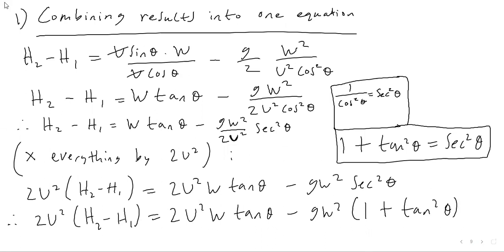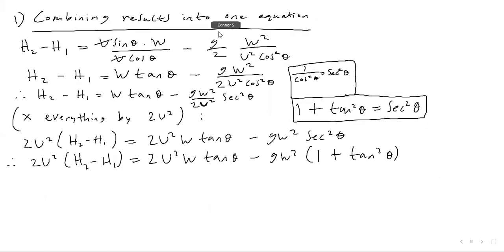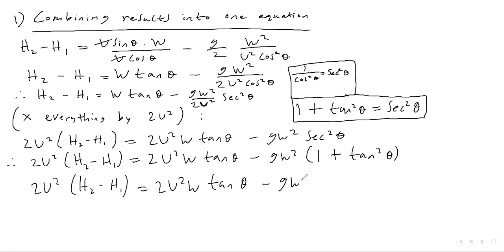So if we keep on simplifying all this, we're going to get some equation involving tan. So we're going to get 2u squared times h2 take away h1 is equal to 2u squared w tan theta, and then minus g w squared, and then minus g w squared tan squared theta.